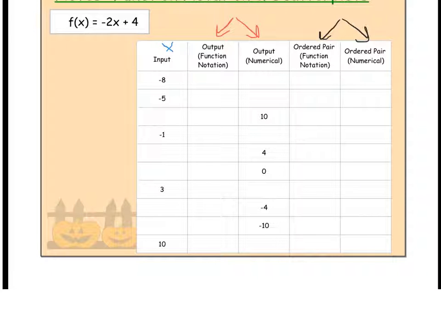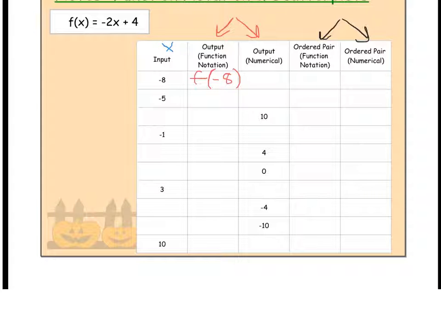So if I look at my input, it is negative 8 for the first one. If I'm going to write my output in function notation, all I'm really asking for is what y would look like, but in function notation. So in that case, I would do f of negative 8. That is my output in function notation. That's what y is.